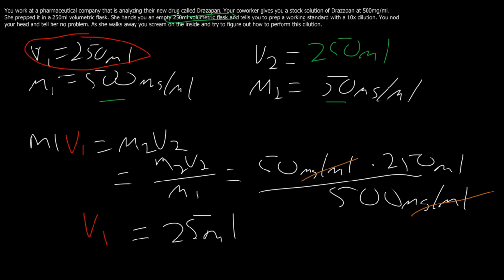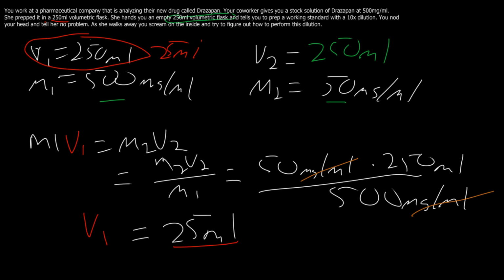So what does this answer mean, 25 milliliters? Well, since our V1 is 25 milliliters, that means with my stock solution, I have a 250 mL volumetric flask. I'm only going to take 25 milliliters out of that volumetric flask, and I'm going to put it into the new volumetric flask.